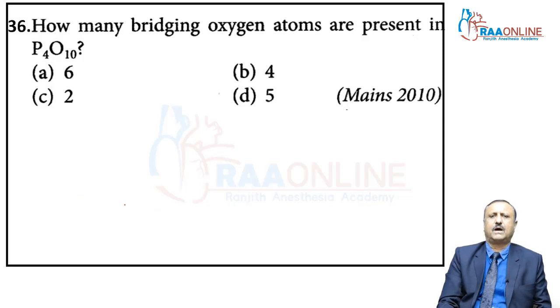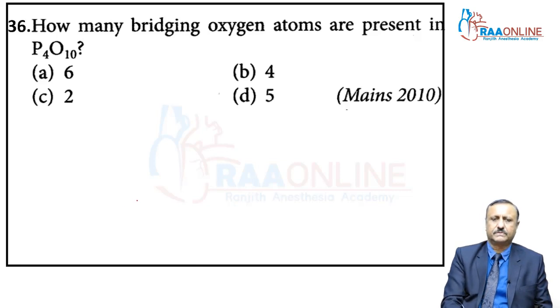Now, my dear students, we can see question number 36. How many bridging oxygen atoms are present in P4O10? It means you may know the structure of P4O10. When you know the structure of P4O10, you can determine the bridging oxygen atoms present.